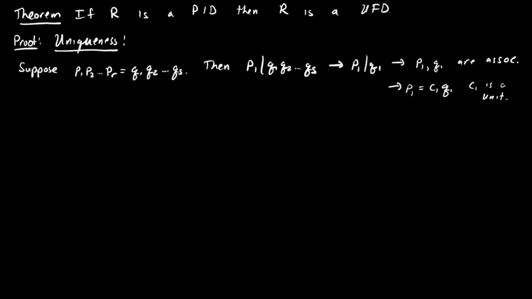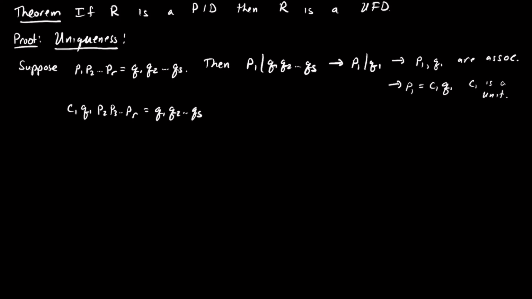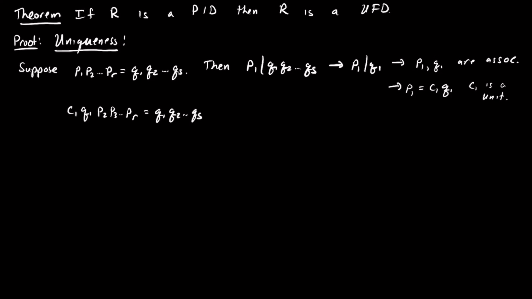Now I can rewrite my factorization: C1, Q1, P2, P3 up to PR is equal to Q1, Q2 up to QS. Since I'm working in an integral domain, I have cancellation, so I can cancel those Qs. I actually have C1, P2, P3 up to PR is equal to Q2, Q3 up to QS.